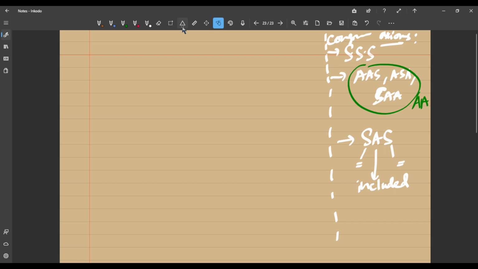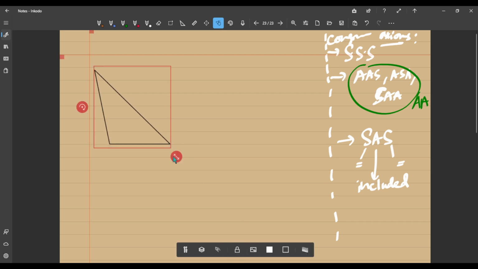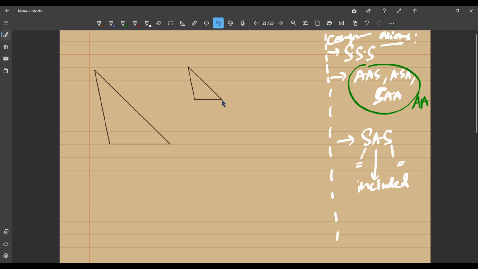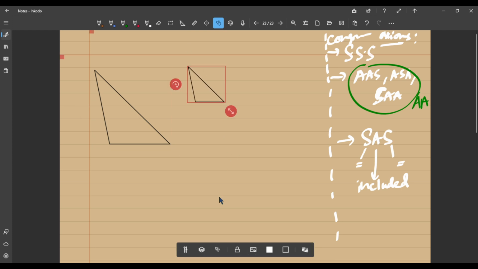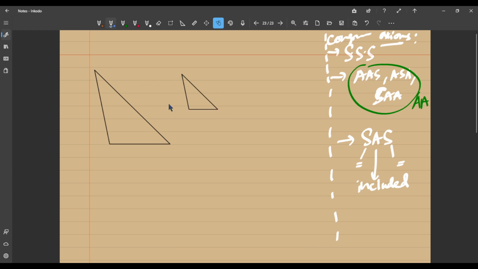Automatically, we'll try to impose this axiom for similarity also. So say that we have two triangles. Let me draw two triangles. Let us see if this axiom holds first. Another one of my triangles, and I'll call this triangle ABC, and this triangle DPQ.